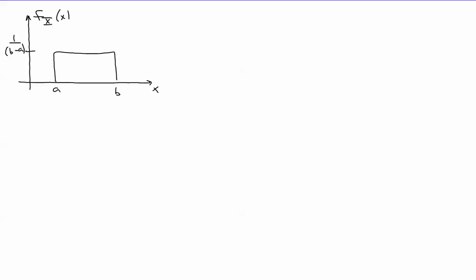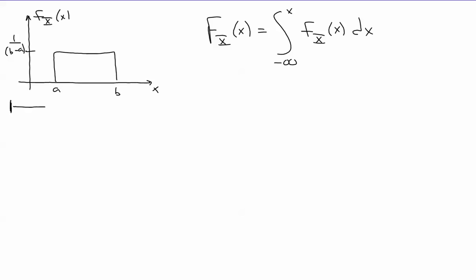Now remember, the cumulative distribution function is the indefinite integral from minus infinity up to some unspecified point x of my probability density function. What that means is we're going to start way over here, and we're going to integrate moving to the right and add up the area under my curve. This guy has unit area.